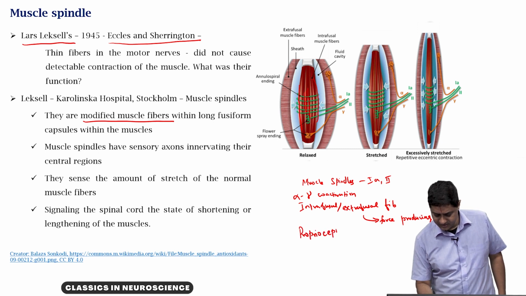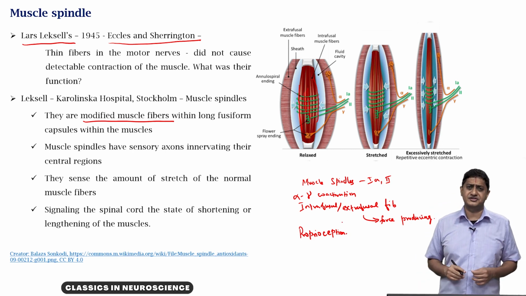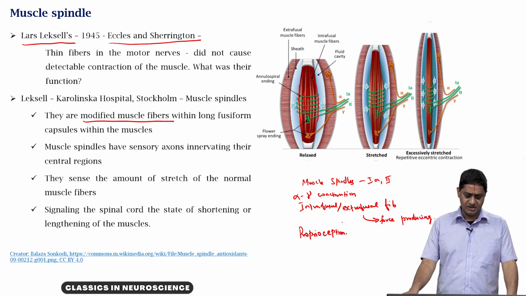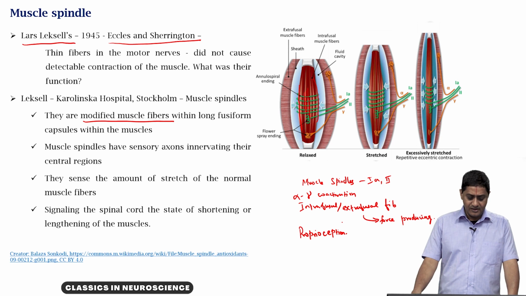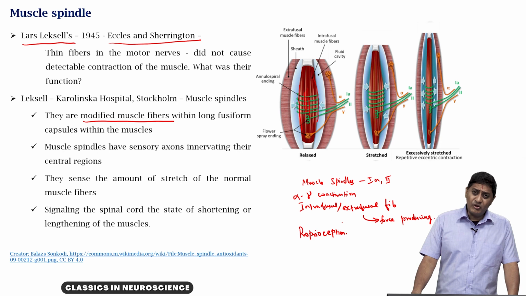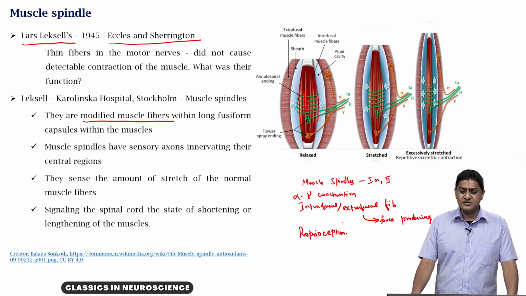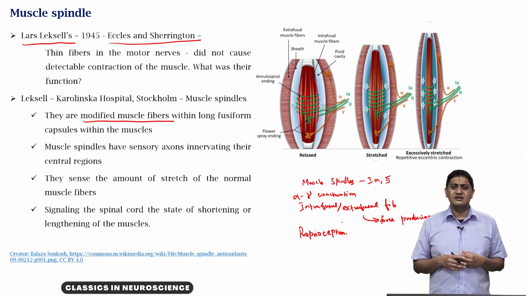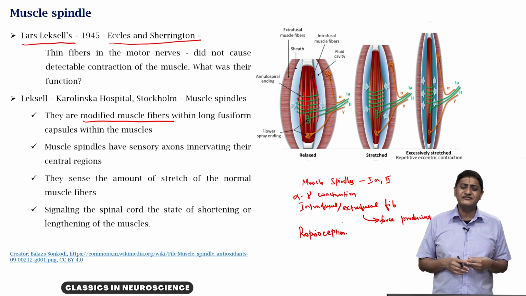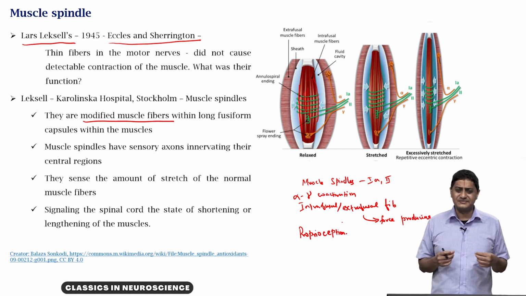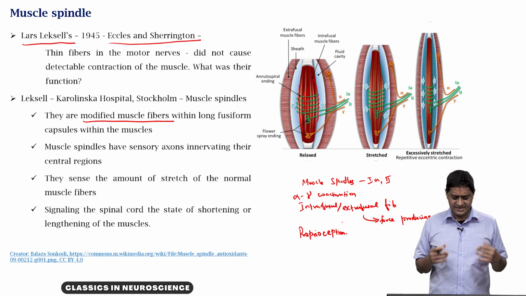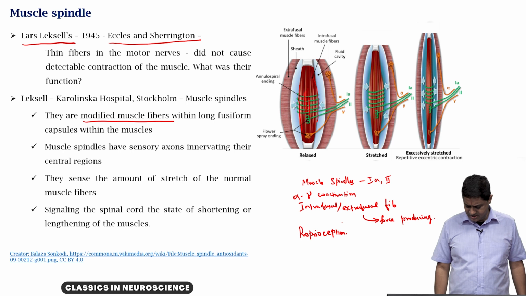Proprioception. So, they sense the amount of stretch and also the velocity of shortening or velocity of stretching. This gives the crucial information about the state of the muscle length, how stretched or how shortened the muscle is.